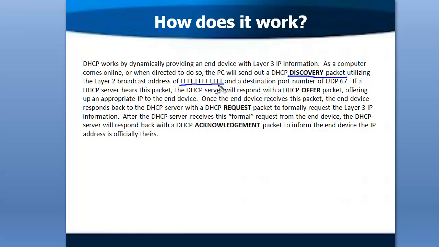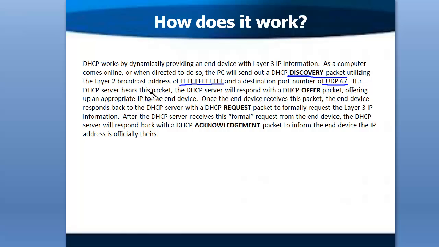Because remember, at this point, we're requesting an IP, so we don't yet have one. So all of this is being done in the Layer 2 domain. So we're using a Layer 2 broadcast, which is the one of all Fs. And we're sending it to a destination port number of UDP 67. So my computer sends out a discovery at this Layer 2 broadcast of all Fs to the destination port 67.